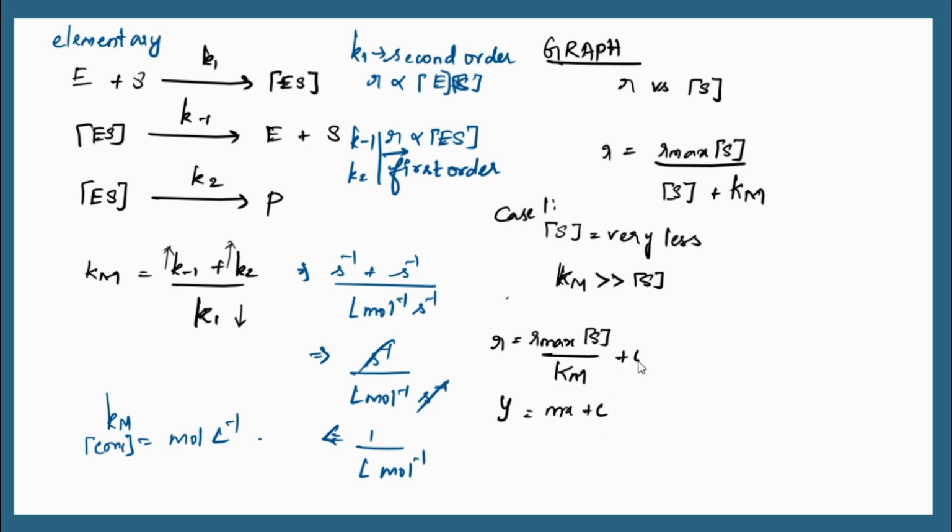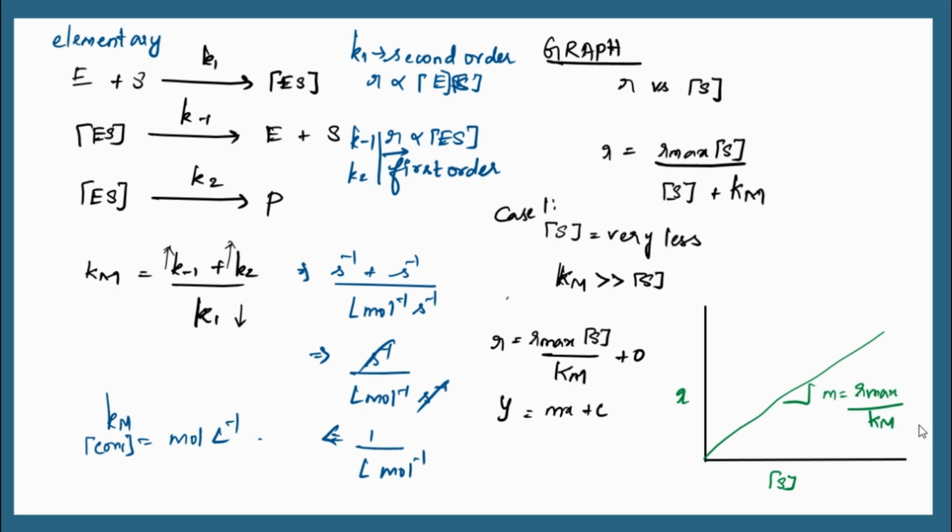So plus c is basically 0. So if you plot rate versus substrate, okay, what is this? This is a straight line. So this is a straight line, and m will be equal to R max by Km.